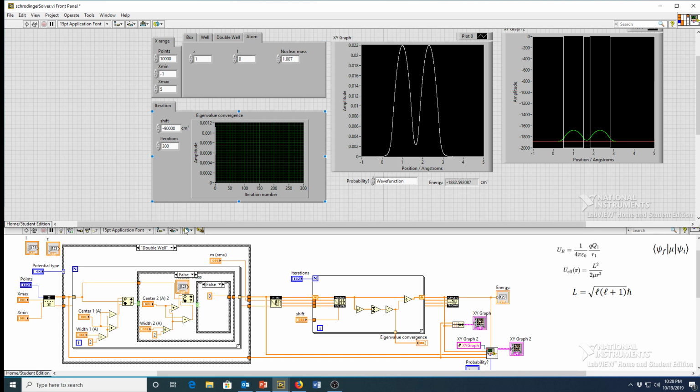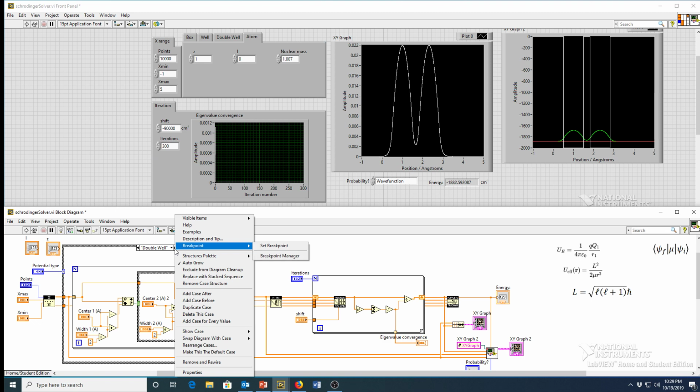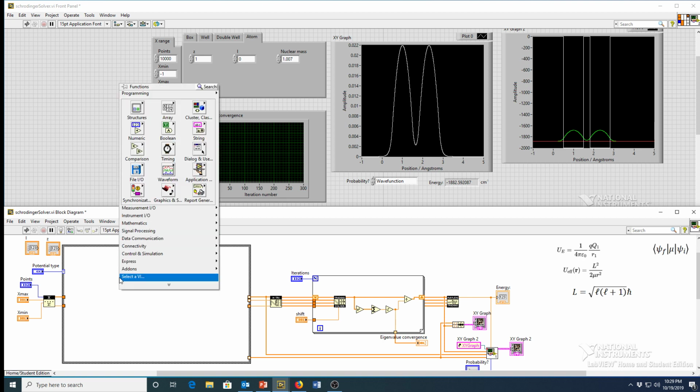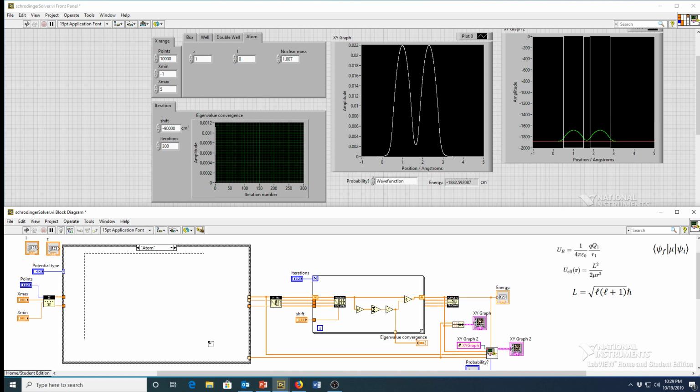Let's do the simplest stuff first here. So we're going to add another case to our block diagram as well. And just like before, we're going to put a for loop in here so that we can scan over all of our x values and calculate the corresponding potential energy for it.